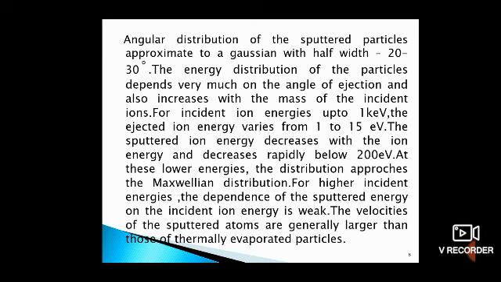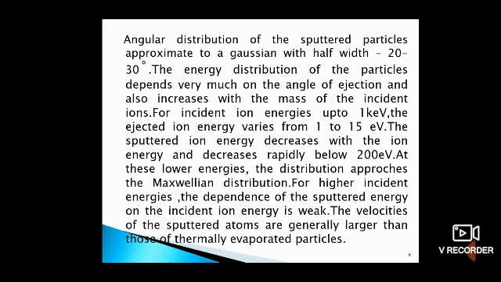The energy distribution of the particles depends very much on the angle of ejection and also increases with the mass of incident ions. For incident ion energies up to 1 keV, the ejected ion energy varies from 1 to 15 electron volts. And the sputtered ion energy decreases with the ion energy and decreases rapidly below 200 electron volts.